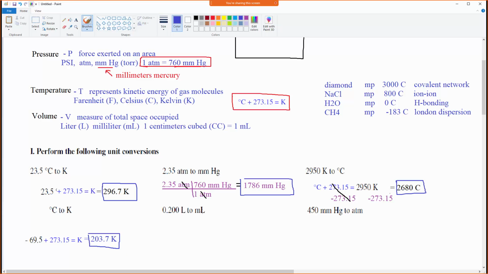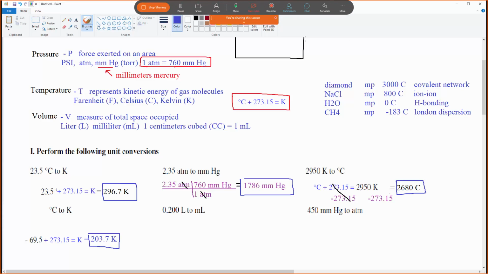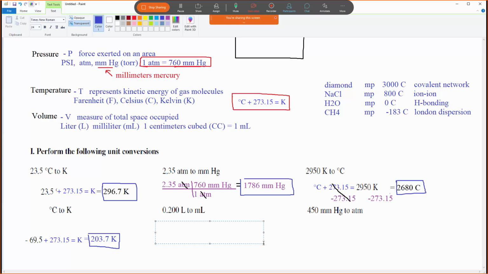Okay. How about liters to milliliters? Do you guys remember how to do that? Yeah, you guys have got it. So you're going to use a conversion factor that you have previously memorized, right? That 1 liter is equal to 1,000 milliliters.